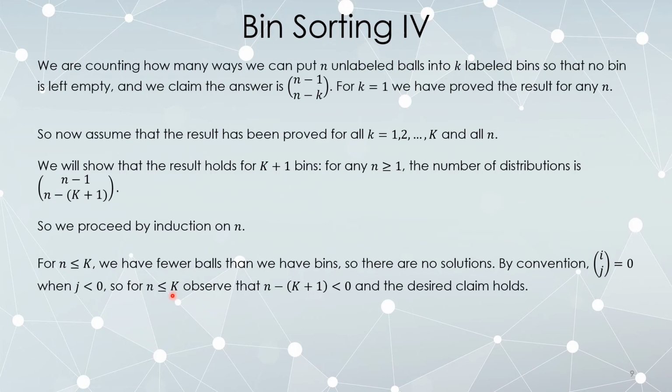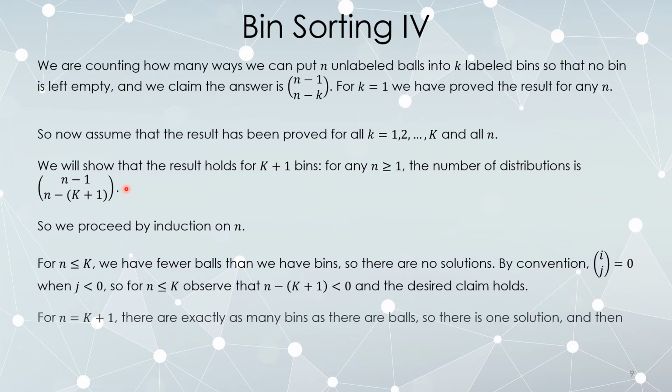So if n is less than or equal to k, then n minus the quantity k plus 1 is negative, in which case this binomial coefficient is indeed 0. So for every n up to capital K, this binomial coefficient correctly predicts there are 0 ways to distribute the balls into bins under the restriction that no bin can be left empty.